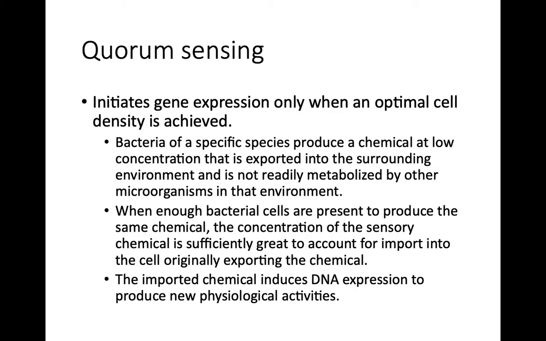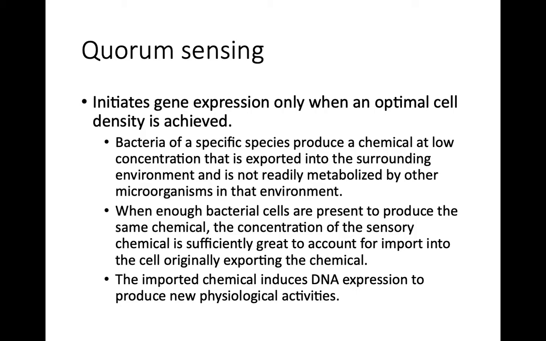Now, the concentration of that autoinducer, the sensory chemical, will come to a point where it achieves a threshold where it's already sufficiently great so that it can now go back to the inside of the cells, because remember they are secretory. So the natural concentration gradient is that as the bacteria producing them increase in number, the more they will be produced and secreted outside.